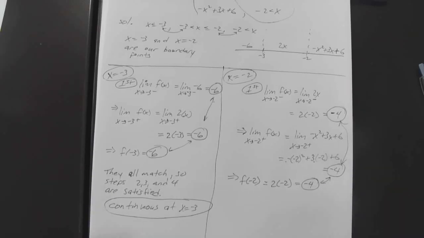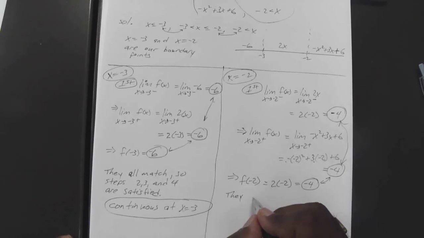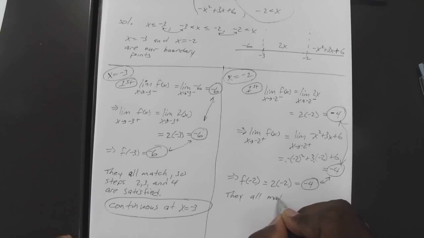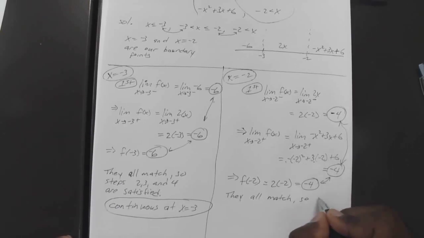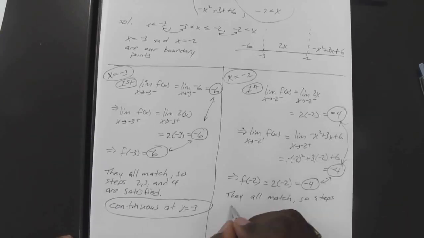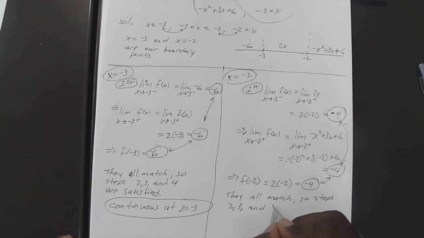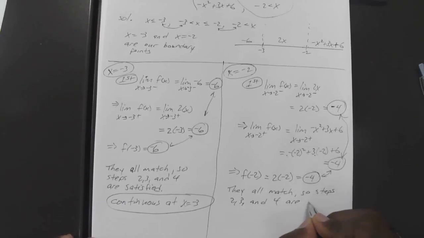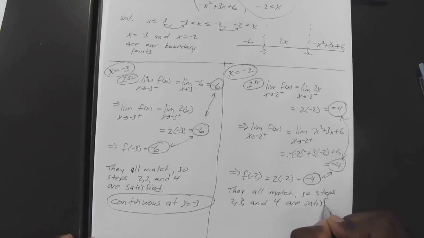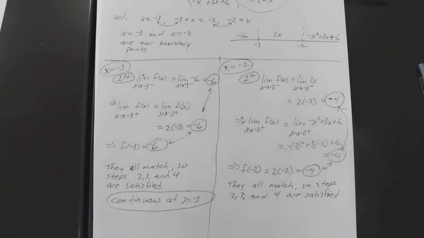Okay, so again, all three of them match, so steps 2, 3, and 4 are satisfied. Okay, so we know it's continuous at -2.